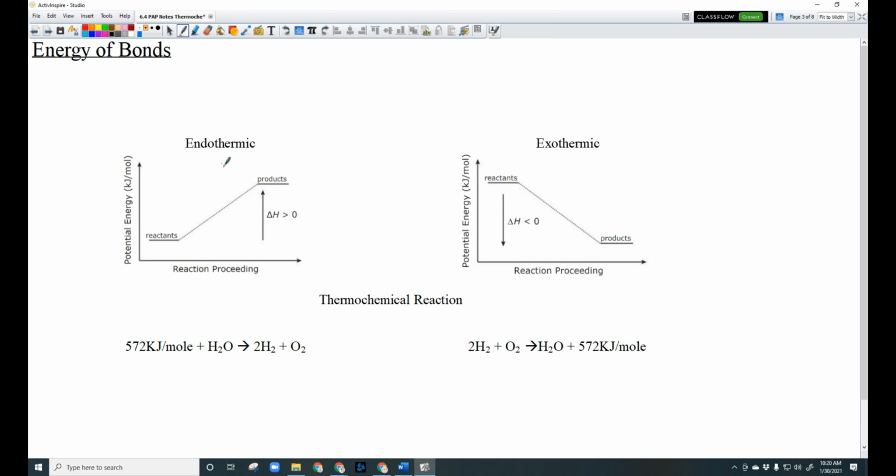So endothermic requires a net input of energy, and the energy of the products will be higher than the energy of reactants. Now you see a dotted line here. That's because what happens in between is sometimes complicated. For example, we can start with our reactants here, and then for some reactions it goes up like this, and then it ends.